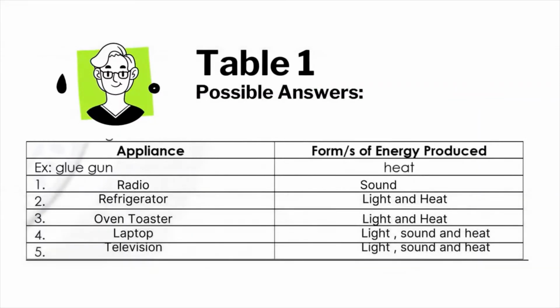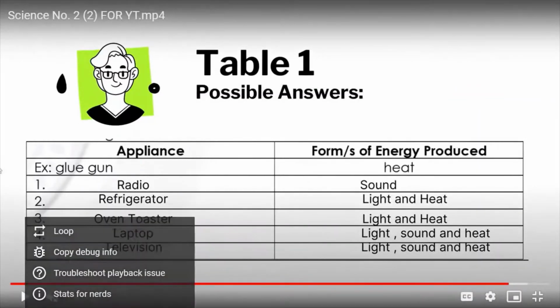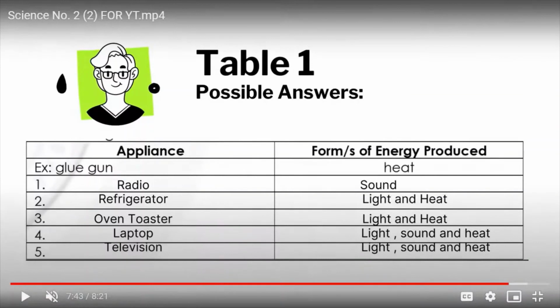The answers are this. I'll be giving you some answers that will guide you. The appliances may be radio, refrigerator, oven, toaster, laptop, and television. For the radio, it produces sound, while a refrigerator produces light and heat.